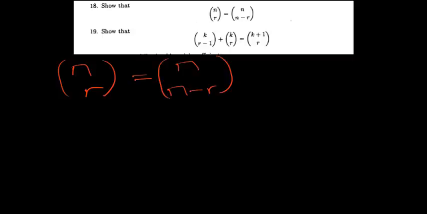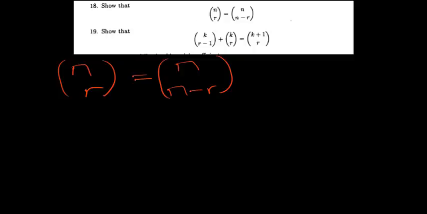They're very simple. So n choose r is equal to n choose n minus r. These are basically coefficients. Okay, so I'll start with the left hand side.